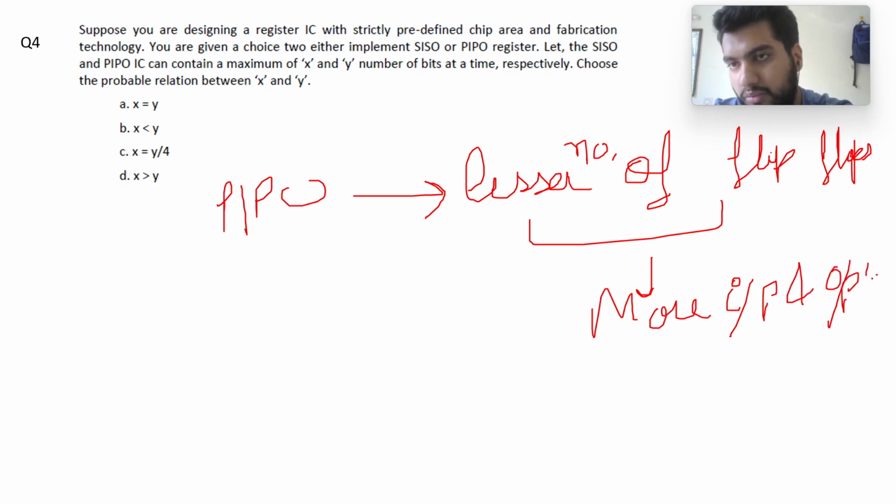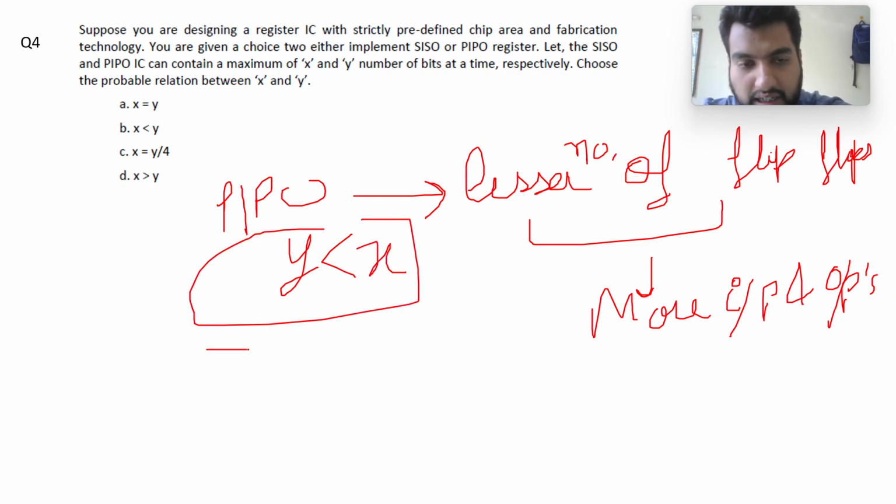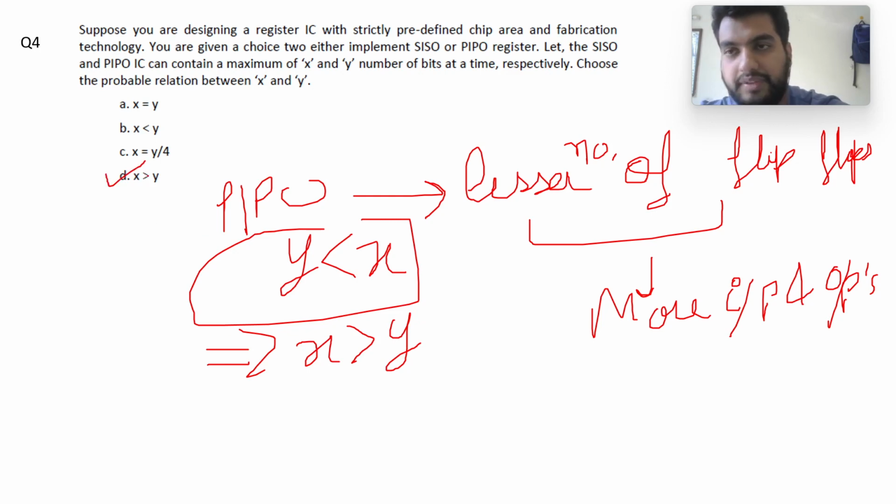So for the incorporation of more input and output pins, it will require a lesser number of flip-flops as compared to the serial in serial out, and as a result, if it incorporates a lesser number of flip-flops, it will have a lesser number of bits at a time. That means Y will be less than X, and the number of bits in serial in serial out at a given time will be greater than the number of bits in parallel output. So option D, X greater than Y.